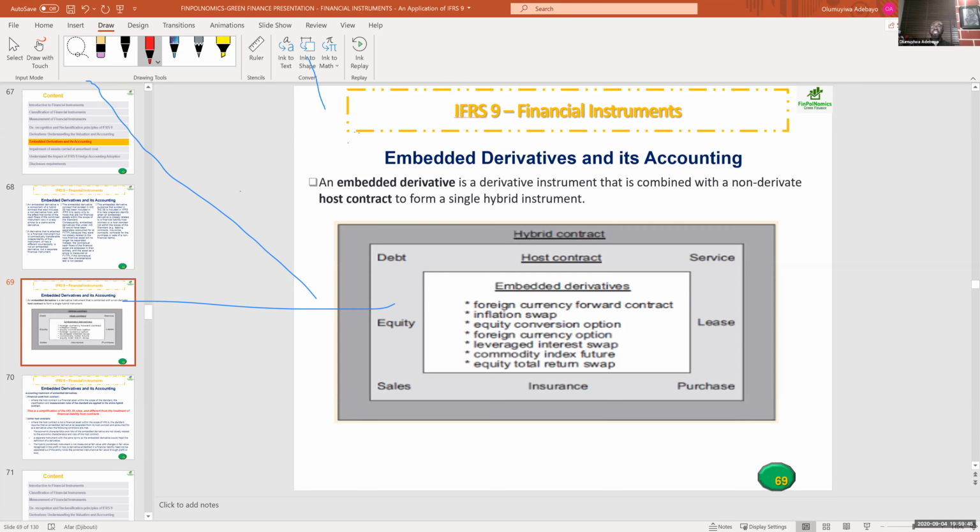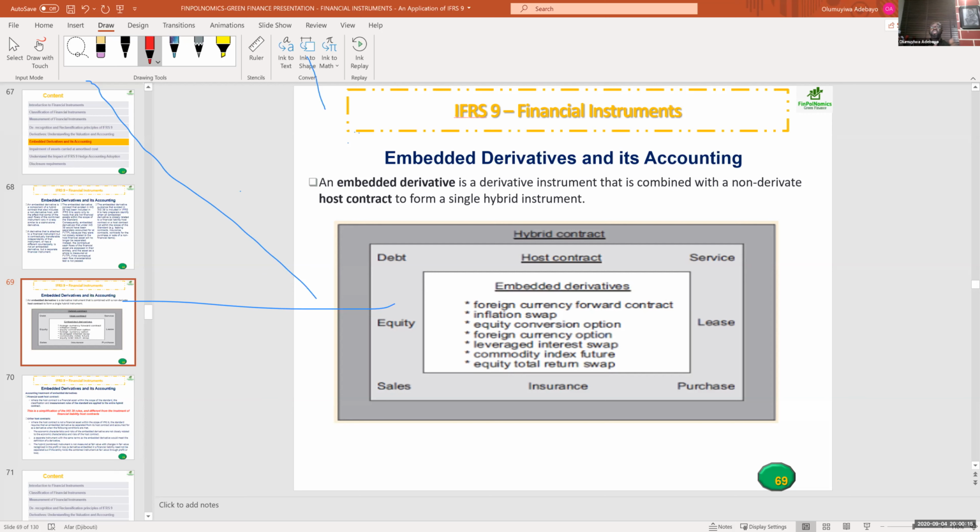Because if I split them and I measure host contract at fair value, and I split the derivative and I measure it at fair value, it's still fair value, which means the summation of it will still approximate me measuring that singular instrument at fair value. Which then means that if the economic characteristics of the derivative contract and the host contract are similar, such separation may not be required.